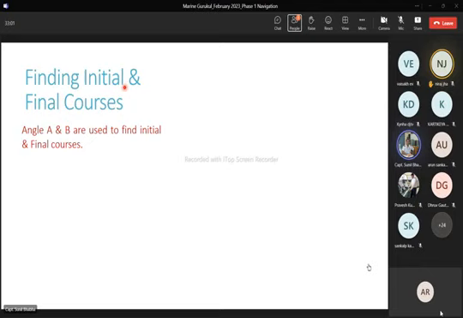Now, the first important thing to understand here is that just now what we have found are the angles of the spherical triangle PAB, angle A and angle B. Now, these are not our initial and final courses, but these angles are going to help us find what our initial and final course will be.